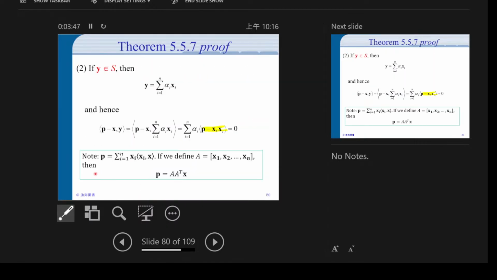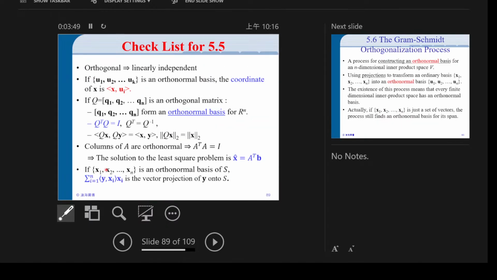And if A is the matrix for which we want to solve the least squares equation, then because ATA equals the identity, we have that x hat is just ATB. Also, we have an orthogonal basis, which is this A written in another way.